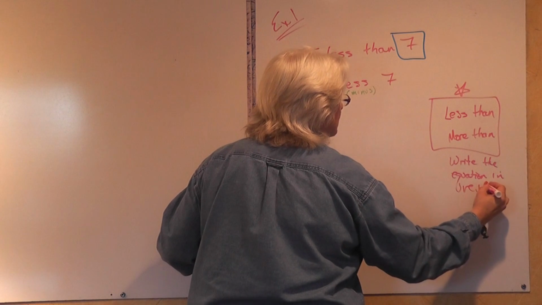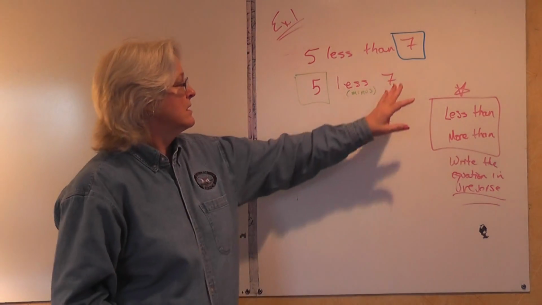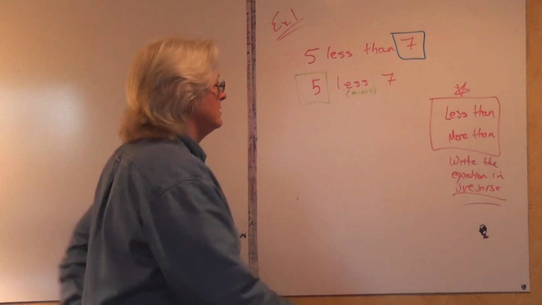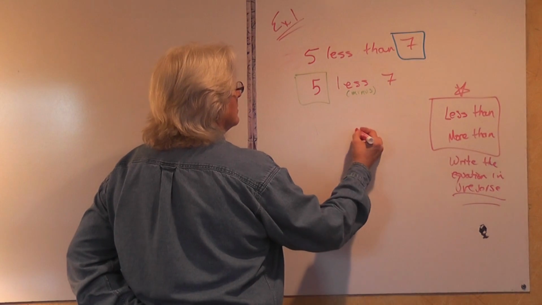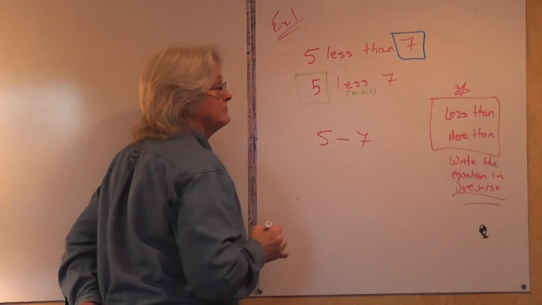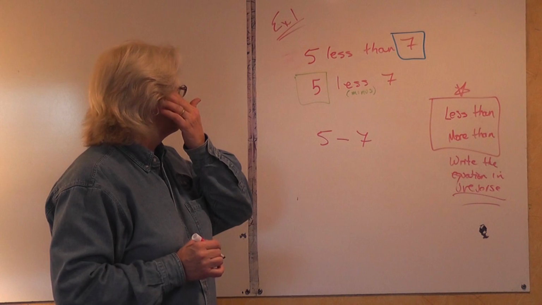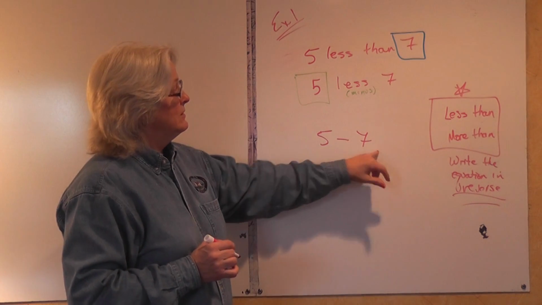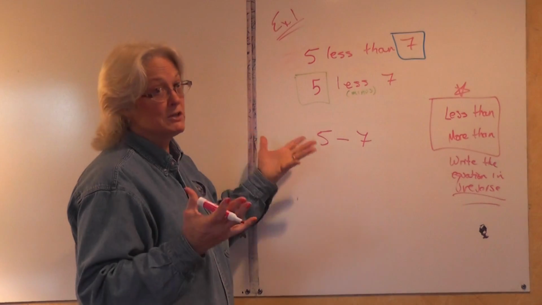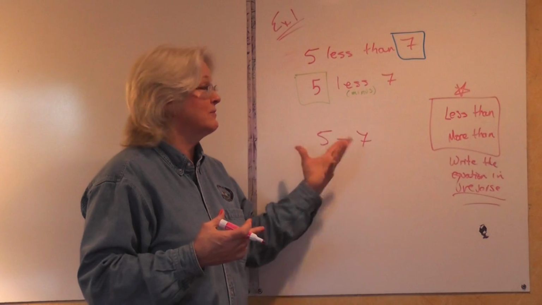Let me illustrate reverse. 7 less than 5. Pretend you're writing Hebrew. 7 less than 5. What are we beginning with? Did you see what I just did? I changed my problem. This is the correct way to write 7 less than 5.